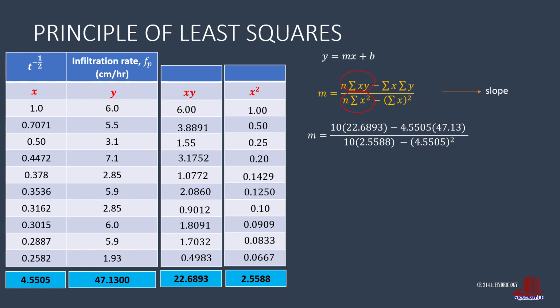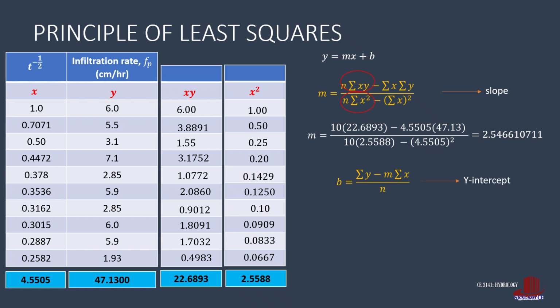These are all divided by the number of entries of 10, with the summation of the square of x, which is 2.5588, minus the square of the summation of x, and that is 4.5505. The slope is solved as 2.546610711. We take the long decimals for now, as m is used to solve for the next function.